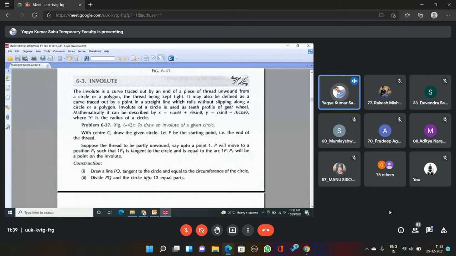Can you give me any practical example where we can see this type of curve? A tooth profile of a gear is a technical application of this curve. In daily life, any practical example of the involute of a circle?